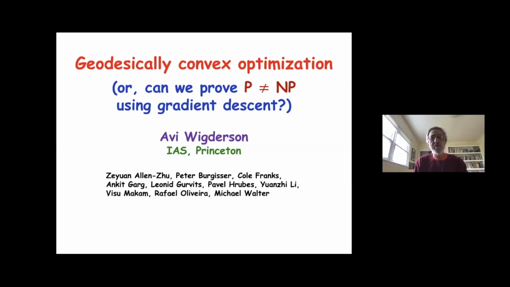Now it's Geodesically Convex Optimization, which reflects the last installment of work from the last year, roughly, and I hope to get to that. And I also promise to explain this subtitle about proving that P is different than NP using gradient descent. But we'll get to that.